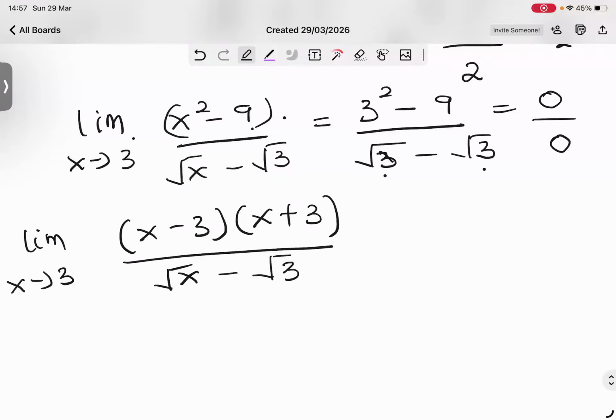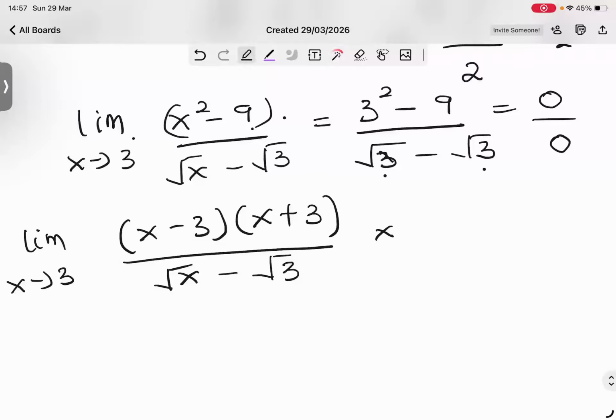Now that I've factorized the numerator, you realize it still doesn't cancel anything out. It doesn't help. So I still need to perform my rationalization. Rationalization is to take the surd, find its conjugate, and use that conjugate to multiply both the top function and the bottom function.